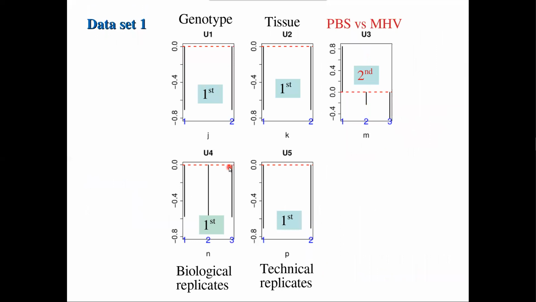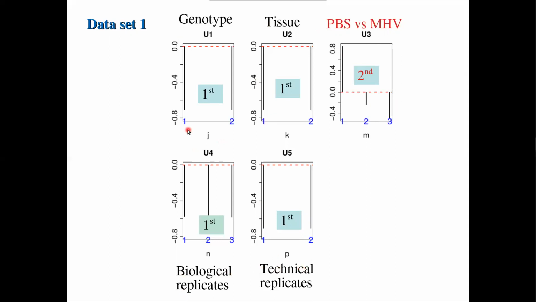First, we need to find which vectors are attributed to genotype and tissue and biological replicate and technical replicates, independent of genotype or tissue, biological replicate, technical replicates, because we have to find genes expressed distinctly between control and MHV infected mouse, independent of the genotype and tissue and biological replicate or technical replicates.